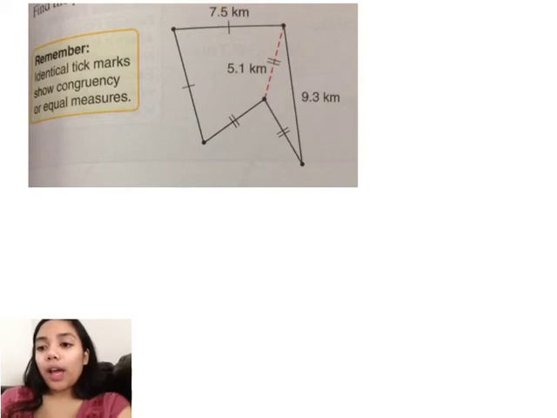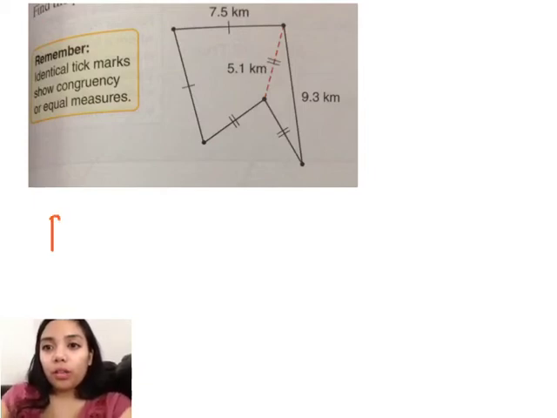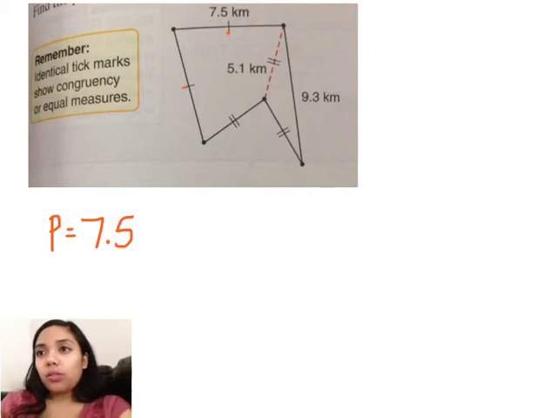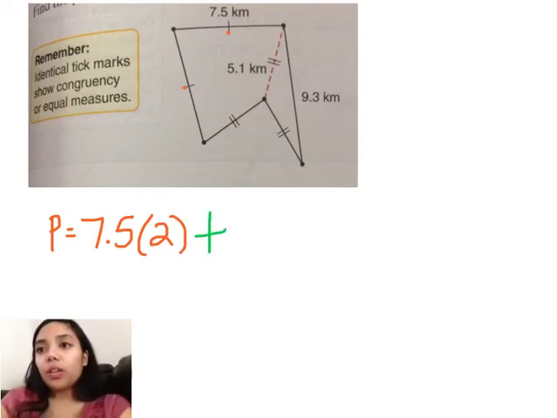So the way I would solve this is doing perimeter equals 7.5 and count how many of them have that same tick mark. So I have 1, 2, and that's it. 7.5 times 2, and then plus, well, now I need to look at the ones with the 2 tick marks.